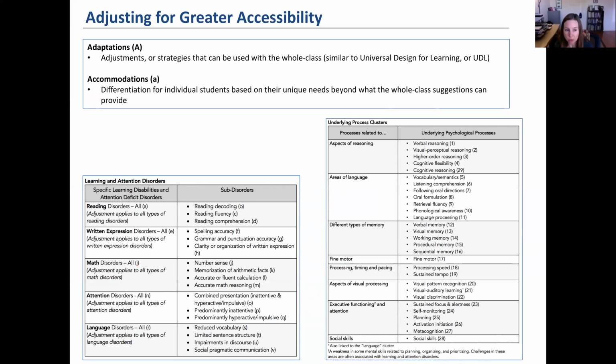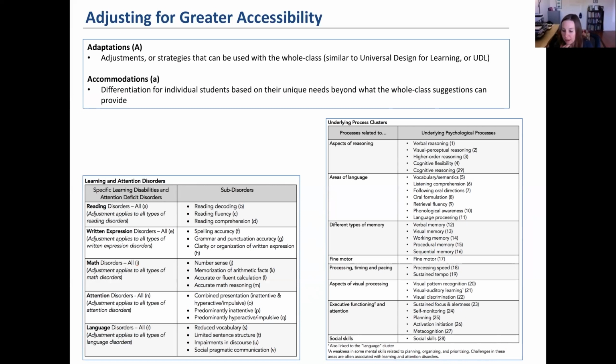For example, you have reading there, which in many cases is specific to aspects of decoding or fluency or comprehension. And attention, where a student may have difficulty with attentiveness or hyperactivity, or in some cases a combination of both. So those are the broad disability categories and their subcomponents on the left.